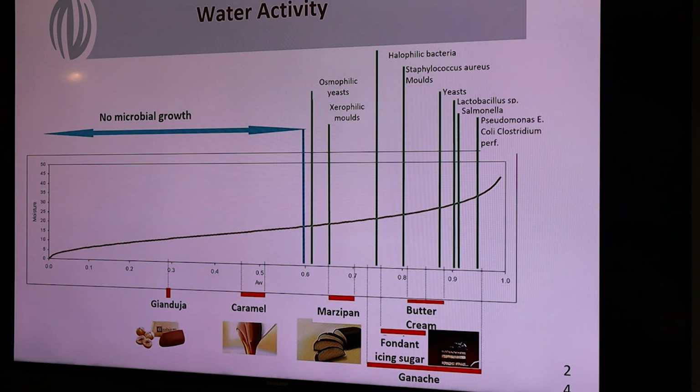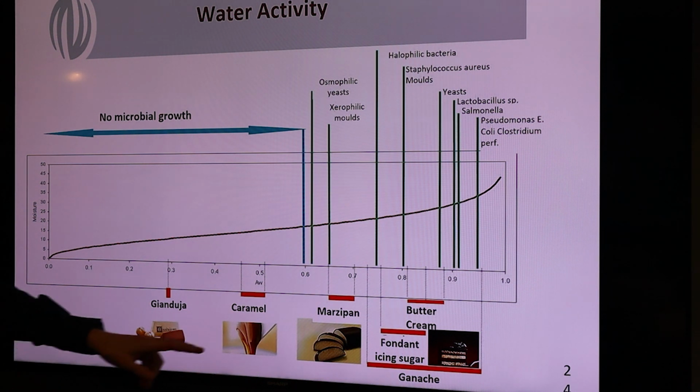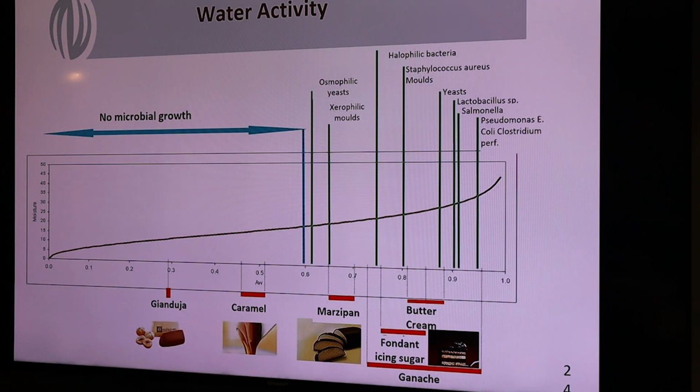Sometimes we see colored marzipan that is maybe with the wrong ingredients inside, it starts to mold, which destroys everything, even the marzipan and the chocolate. It starts to explode because the microorganisms in the marzipan start to grow, and actually the chocolate marzipan is starting to explode. So it can go quite fast.